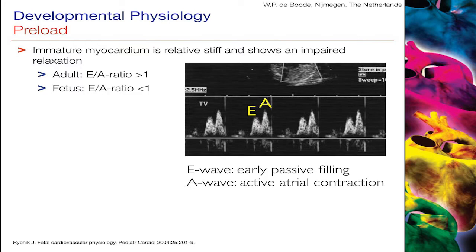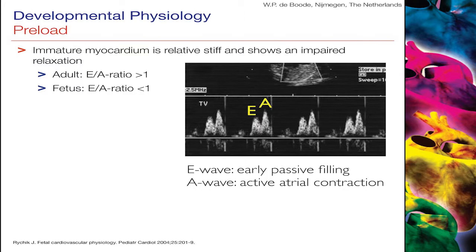That's also shown in this slide, where they looked via fetal echocardiography at the inflow over the mitral valve. What you see normally in a mature heart, in adults, is a higher E wave, which corresponds with the early filling of the ventricle, than the A wave, which corresponds with the active atrial contraction.